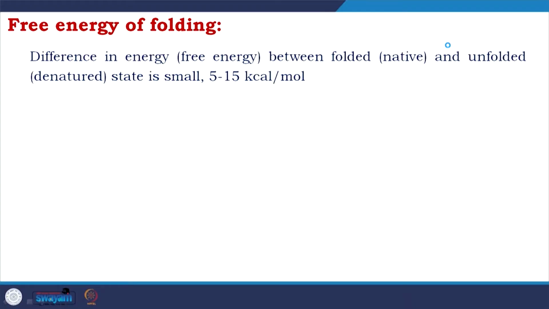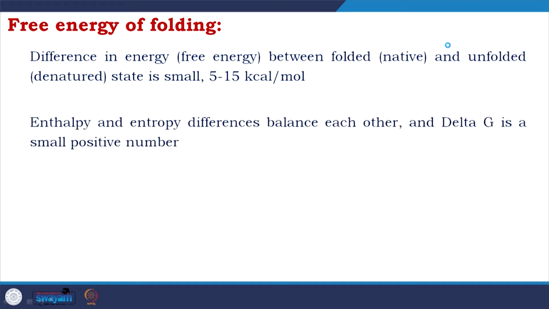So, coming to the free energy of folding, the difference in free energy between the folded, the native, and unfolded state is small, 5 to 15 kilocalorie per mole. Enthalpy and entropy differences balance each other, which we talked about, and delta G is a small positive number.